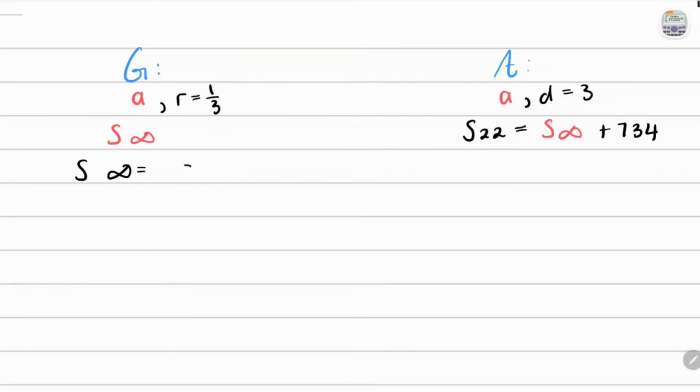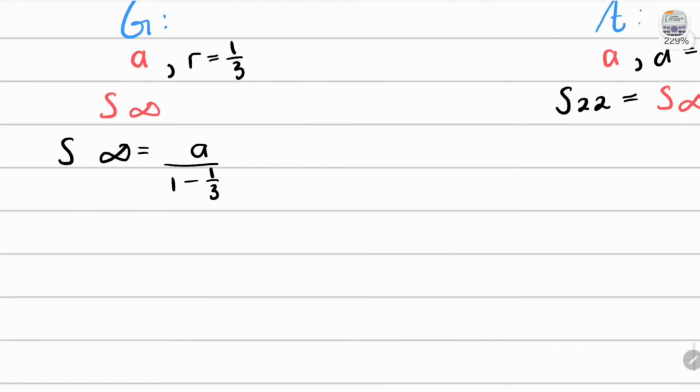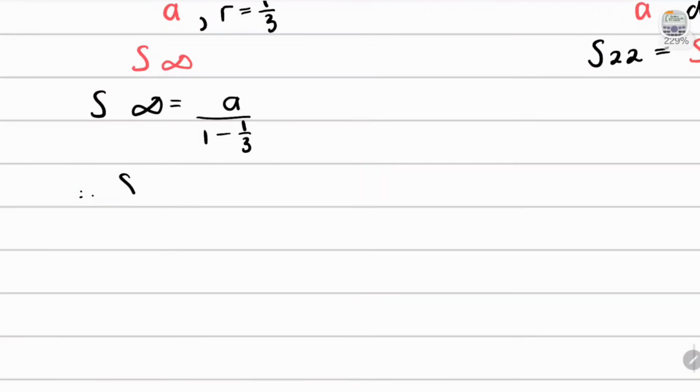We know that the sum to infinity equals a over 1 minus r, and r here is 1 over 3. So the sum to infinity is a over 2 over 3. If you divide that, we're saying a divided by 2 over 3. You can use the method of tip and times.